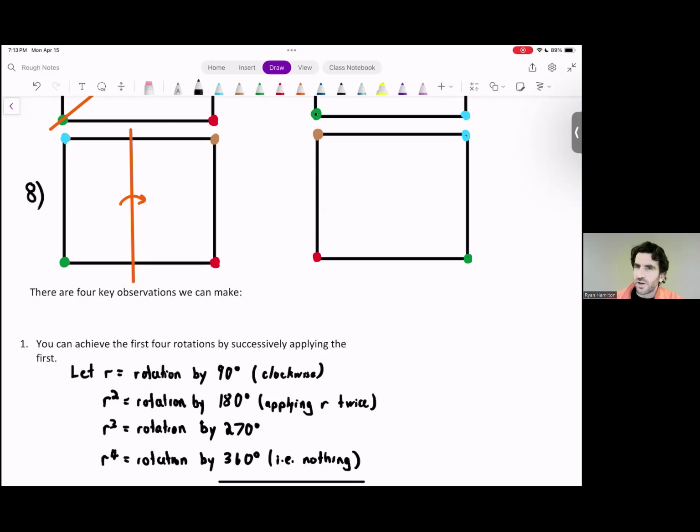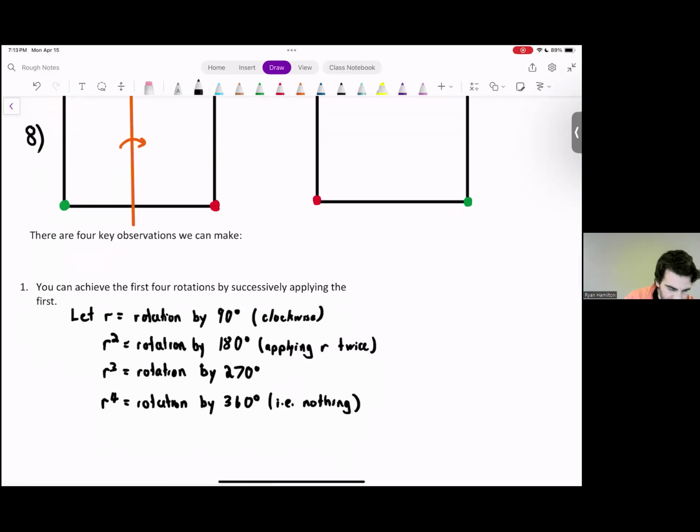So we have this letter R, and it has the property that once I go around 4 times, I'm back to where I started. So we write the last one: R to the 4 equals 1. So the number 1 here means it's an action or a symmetry on the vertices of a square that does nothing. So those are the rotations.